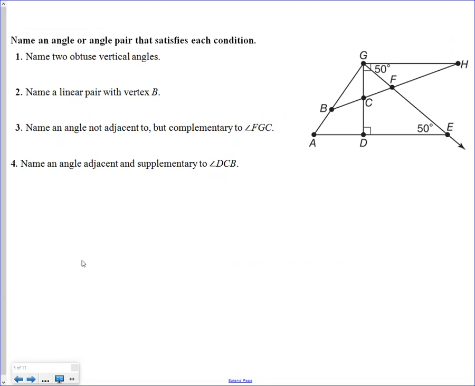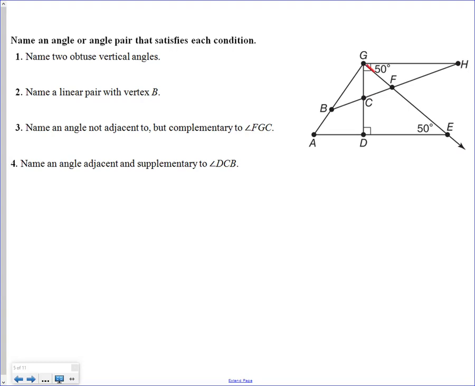Name an angle or a pair of angles that satisfies each condition. Two obtuse vertical angles. So we want angles that are obtuse and are vertical. So vertical being on opposite sides of each other, right? So I believe there are two.